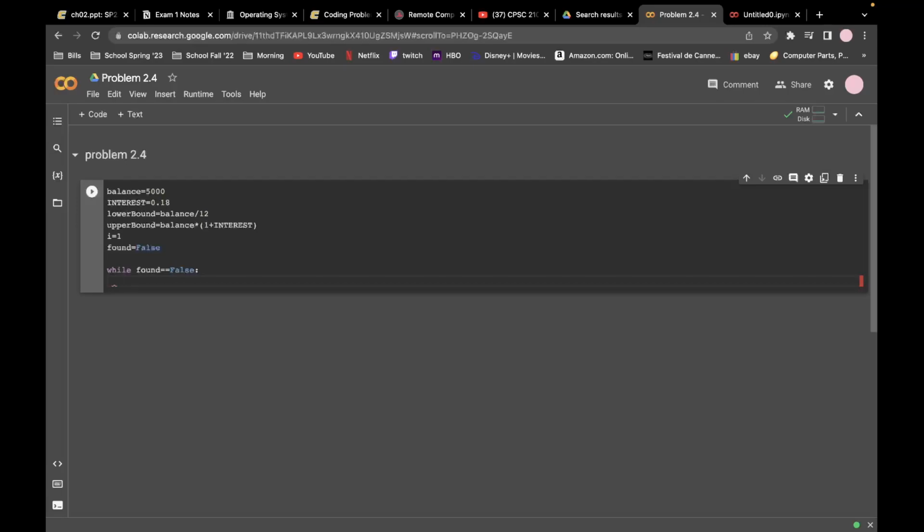While found is false, we want to initialize a new variable. And we want to set up the payment, the smallest payment. And that's going to be a combination of the lower and upper bounds divided by 2.